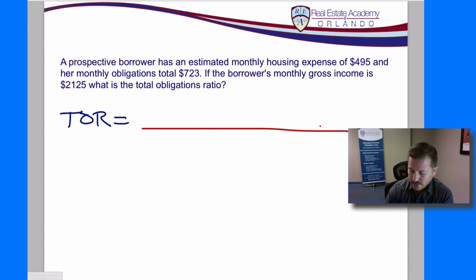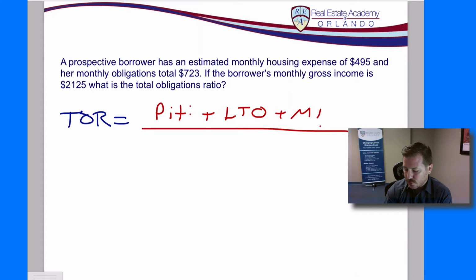Like we said before, this is our PITI payment, plus our long-term obligations, everything on the credit report, and perhaps mortgage insurance premium if there is one, or HOA or condo charges. And then divide that number by the gross monthly income. This is before-tax dollars. Gross monthly income in this case is $2125. They give that to us.